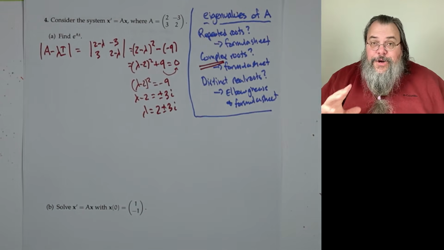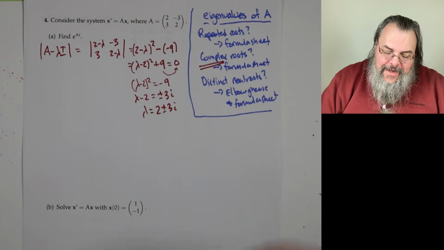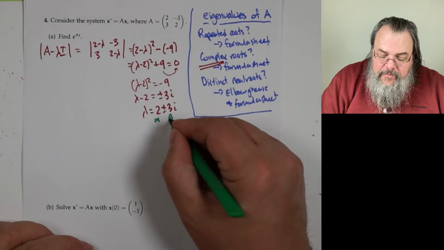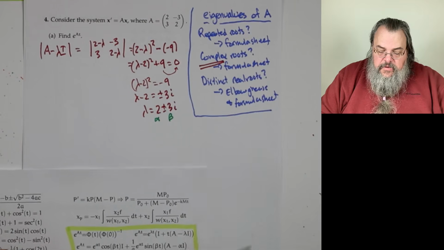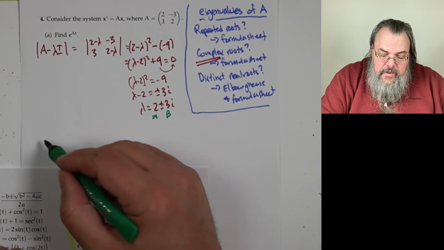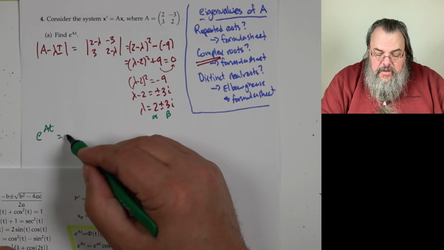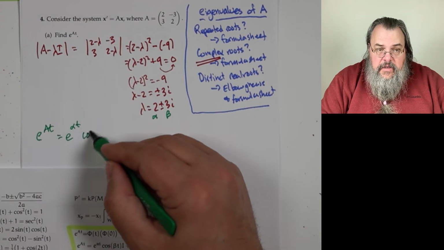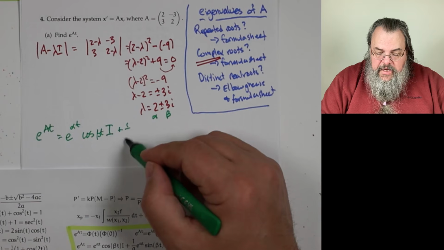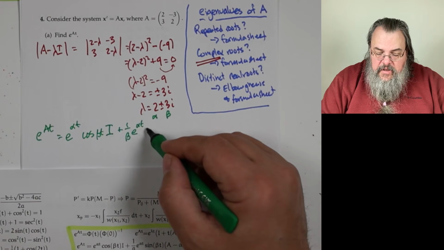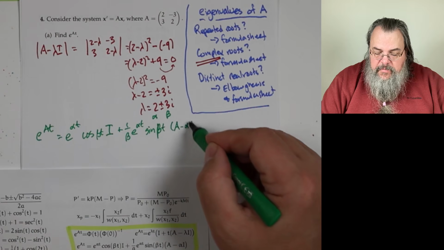All right, so now we know our plan. We're going to be using the formula sheet. So here is our alpha, here is our beta. Let me write down the formula from the formula sheet. And this one's the long one, because it's the most complex one, so it's not so surprising. E to the AT is e to the alpha t cosine beta t times the identity matrix plus 1 over beta e to the alpha t sine beta t times A minus alpha times the identity.